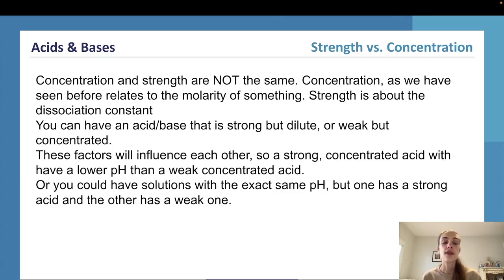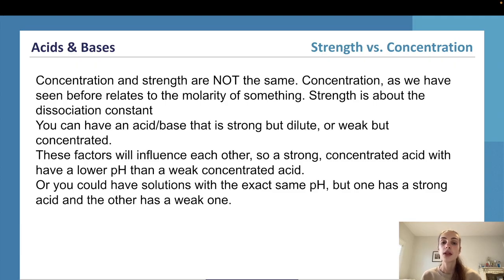Or you could have solutions with the exact same pH, but one's a strong acid and the other is a weak acid. An example of this could be if you had a very strong acid that was very, very dilute, but you had a very weak acid that was very, very concentrated. They might have the exact same pH because pH is a measure of the concentration of hydrogen ions in solution.